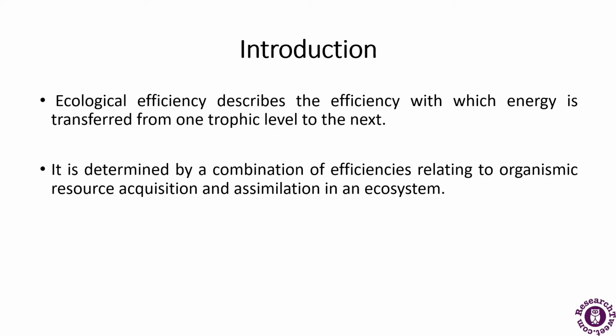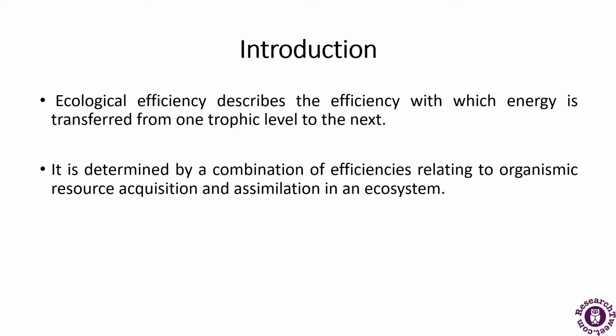So ecological efficiency describes the efficiency with which energy is transferred from one trophic level to the next. It is determined by a combination of efficiencies relating to organismic resource acquisition and assimilation in an ecosystem.